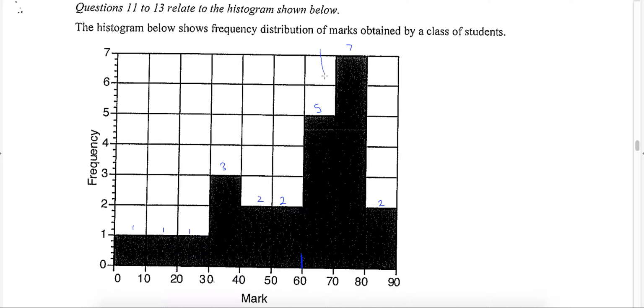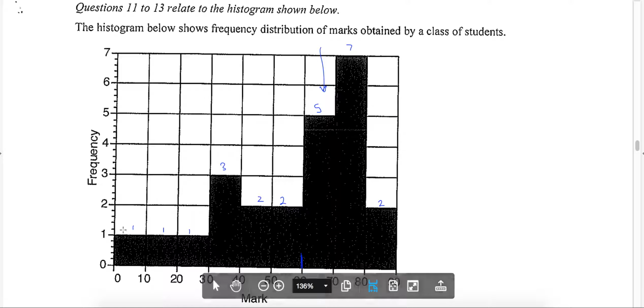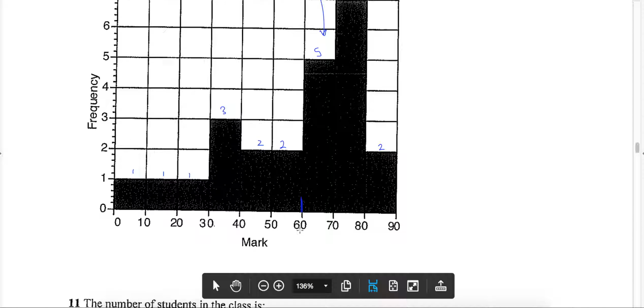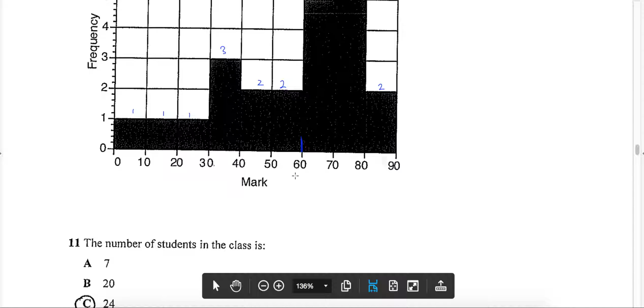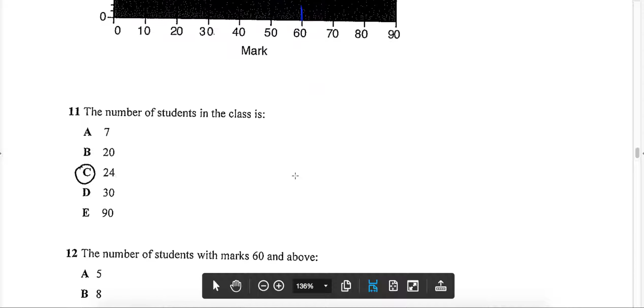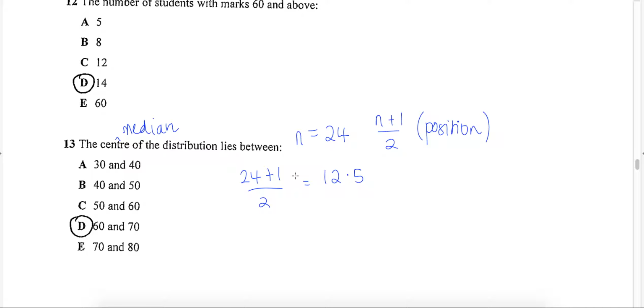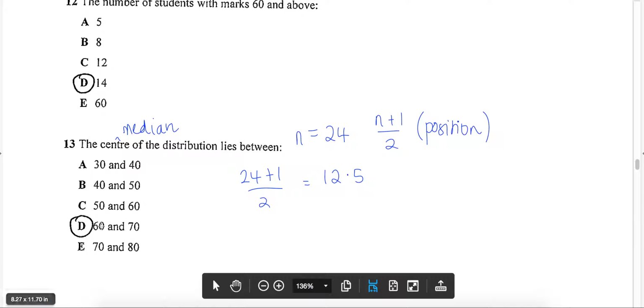What that means is that 12.5, or between the 12th and the 13th, is going to be in that column. If I go from this side, 1, 2, 3, 6, 7, 8, 9, 10, and again, I'm going to get over the 12th and 13th in this column. This column is between 60 and 70, or 60 and less than 70 really, so it's in that particular interval.